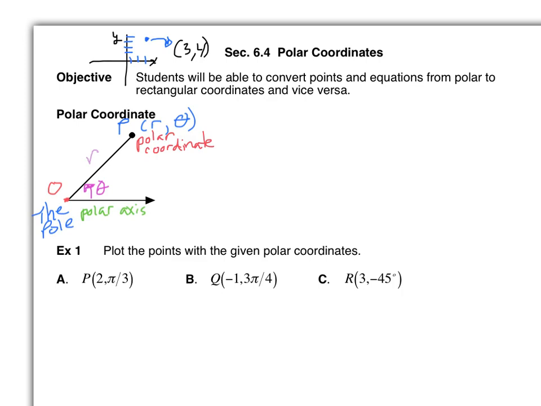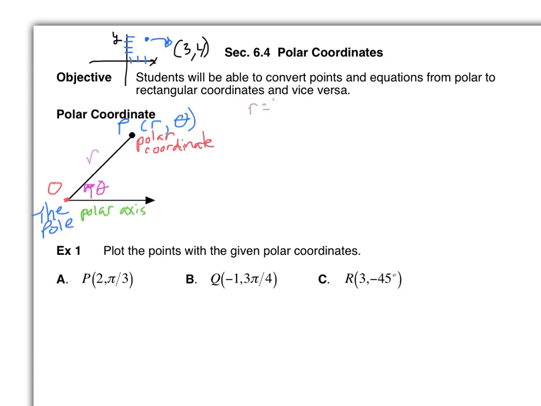The hard part for you today is going to be to name all the possibilities for a polar coordinate, and you'll see why in a minute. So before we go through that, let's just talk about the different parts here. So R is known as your directed distance.